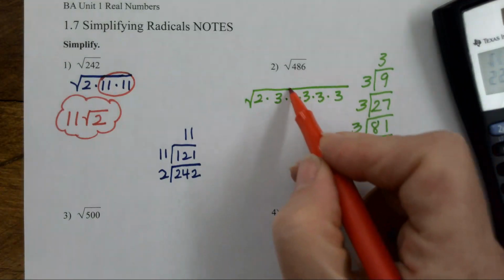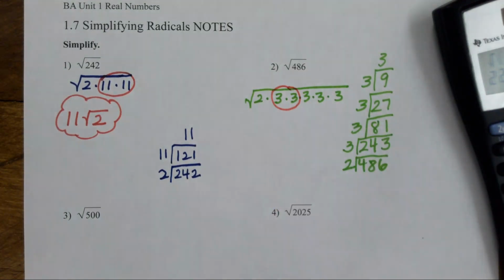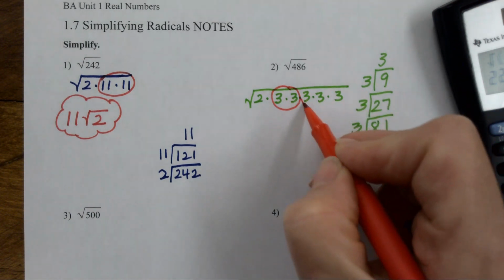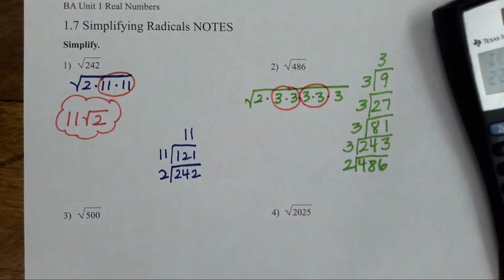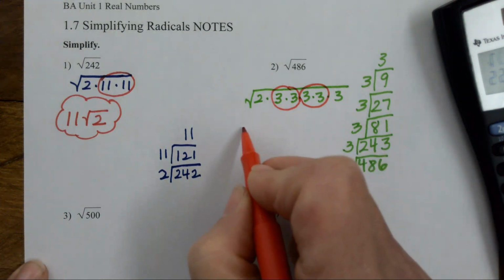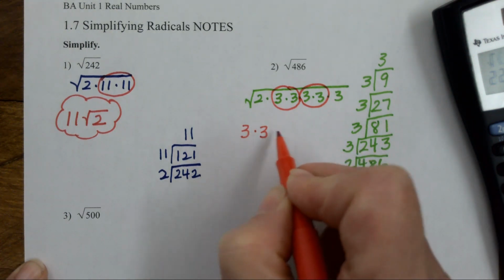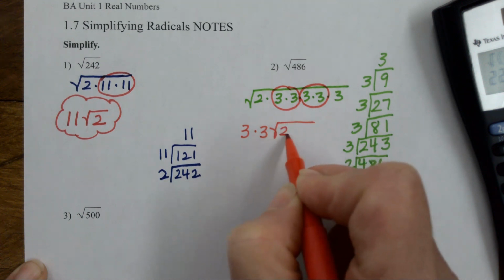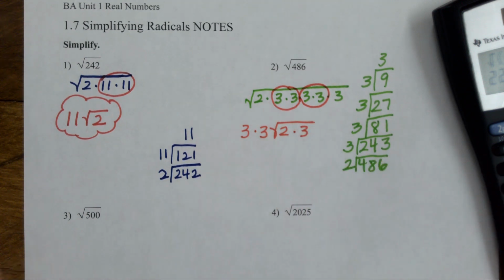So here's a pair of threes. Here's another pair of threes. Do I have any more pairs? Nope. So what happens is 2 threes come out and 2 times 3 stays in.